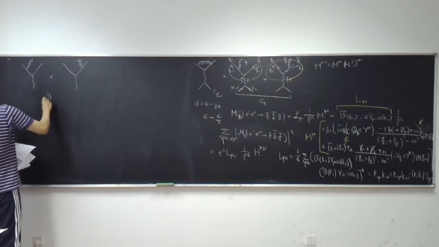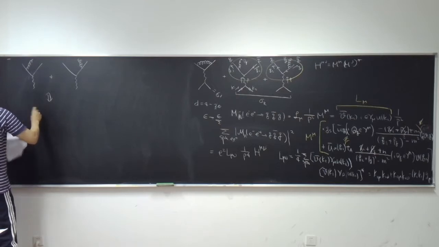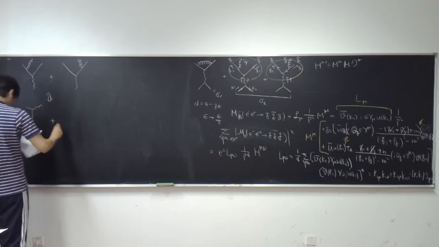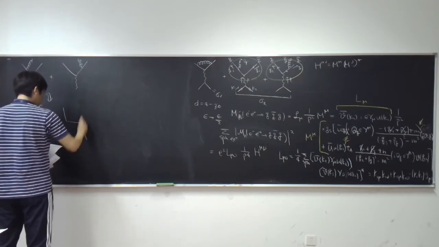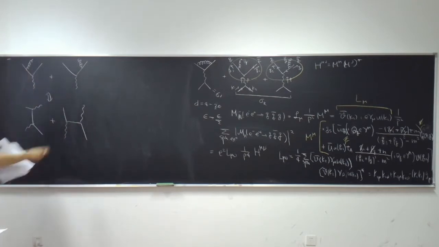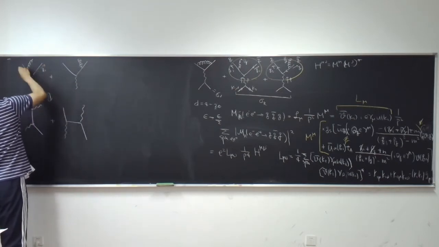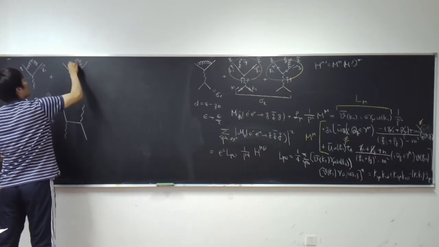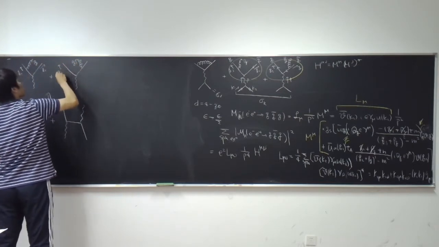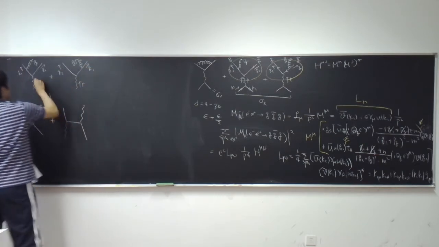This is analogous to e gamma to e gamma, something like Compton scattering, where you have here Q1 and Q2, and then PG, Q2, Q1, and here you have P.